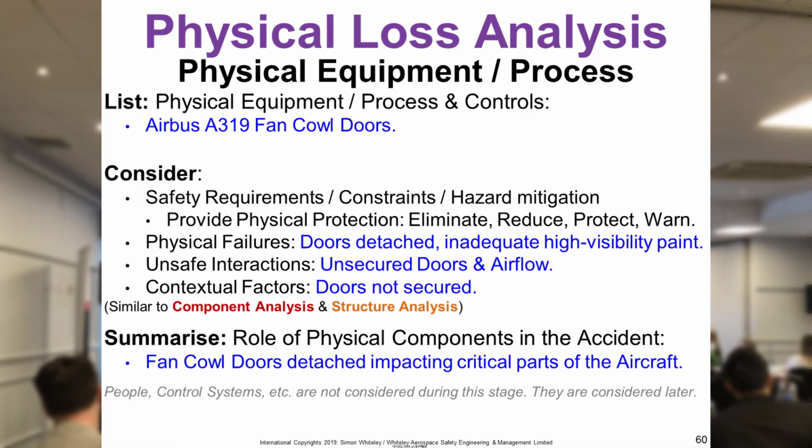I'm not going to emphasise why that's important now. In unsafe interactions, the unsecured doors interacted with high airflow which caused them to detach. The contextual factor is that the doors were not secured. And then we summarise the role of that physical component in the accident. So in this case, the fan cowl doors detached, impacting critical parts of the aircraft.